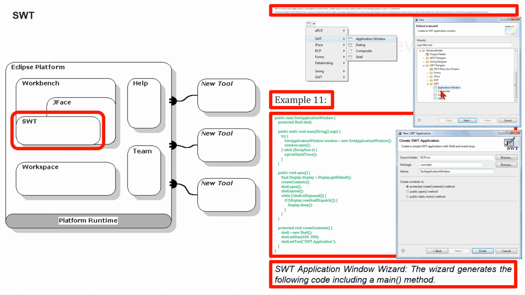To use the wizard, select the project source folder and the package that contain the class, enter the class name, and hit the finish button. The wizard generates the following code including main method.